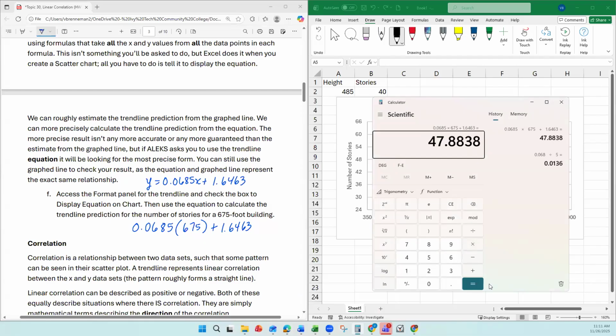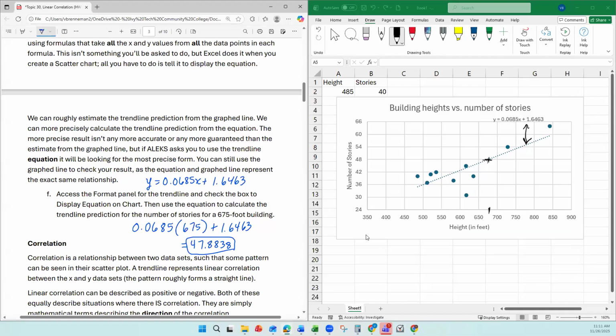And I get 47.8838. If I rounded that to a whole number, as we would with a number of stories, it's still going to come out 48. But we see the line that is actually slightly below 48 there.